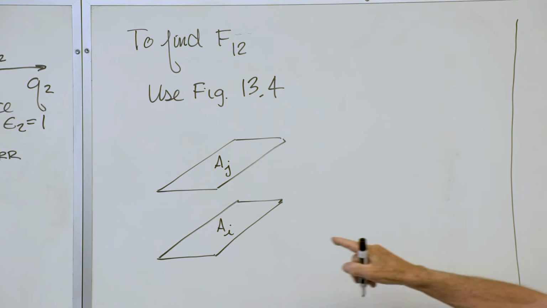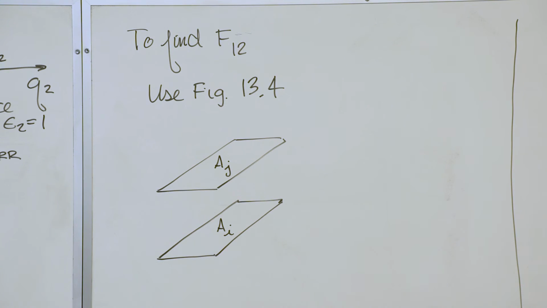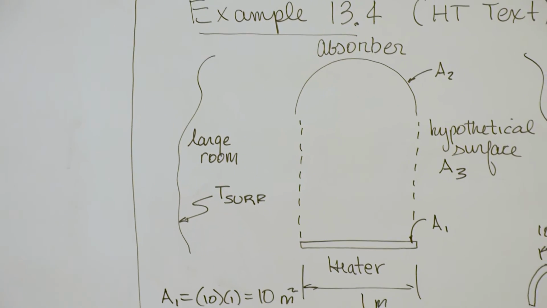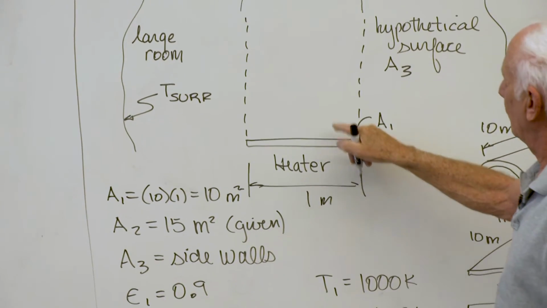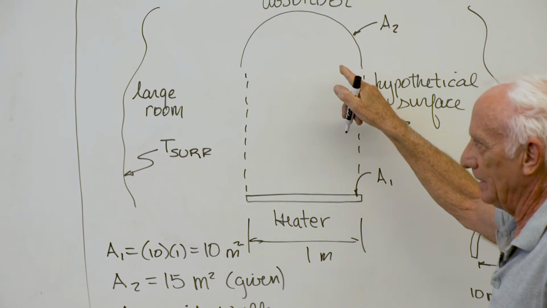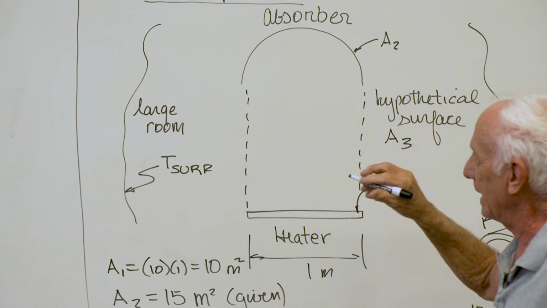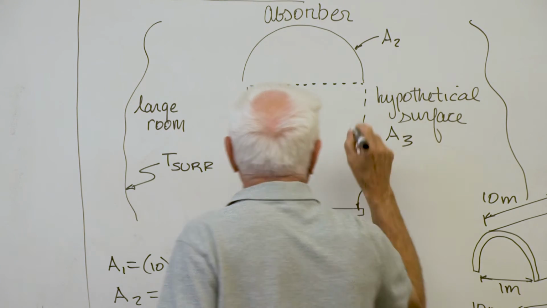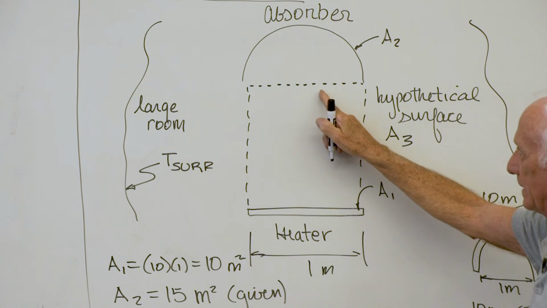That surface right there, A1, is going to be the bottom surface. See, I can't find F1 to 2 anywhere in the textbook, but I can find F1 to that dashed line.